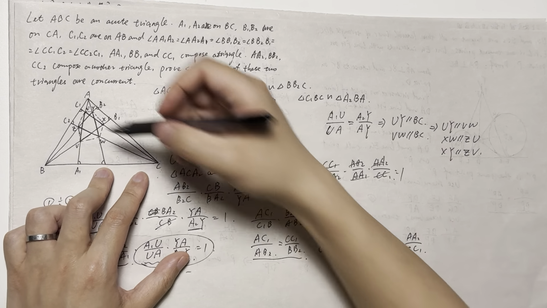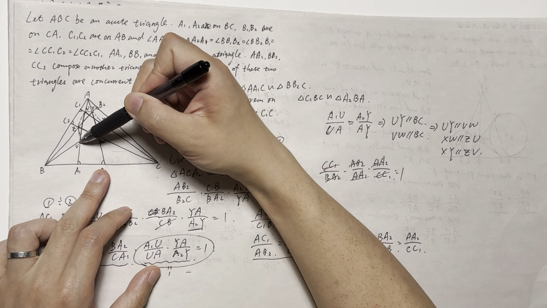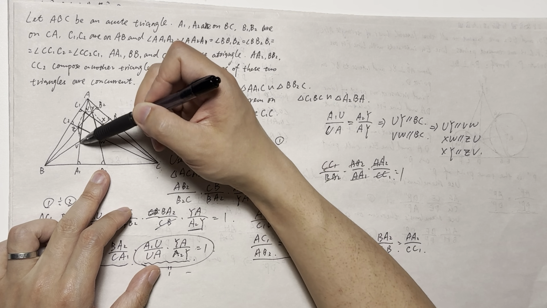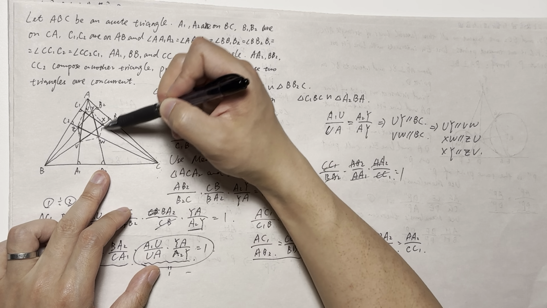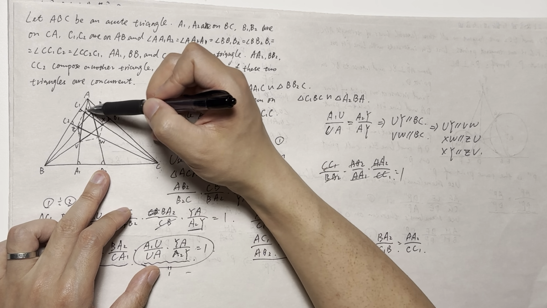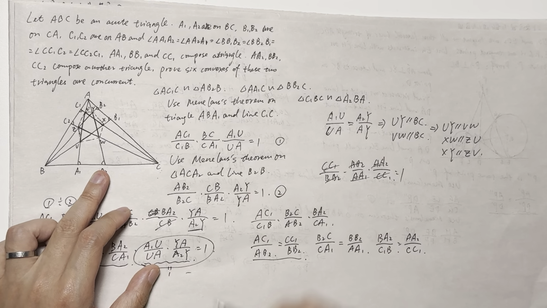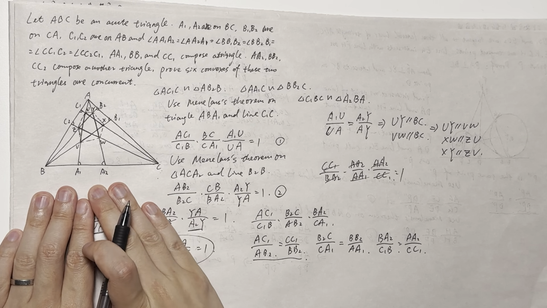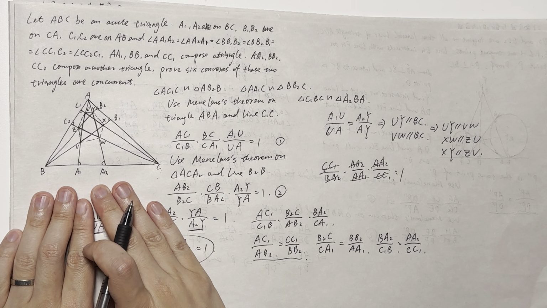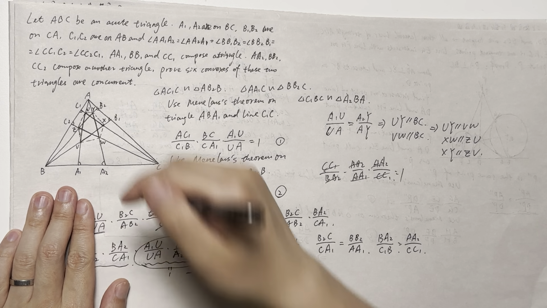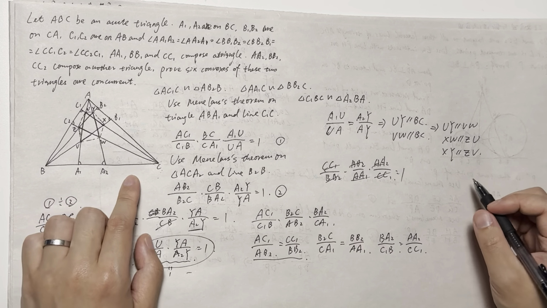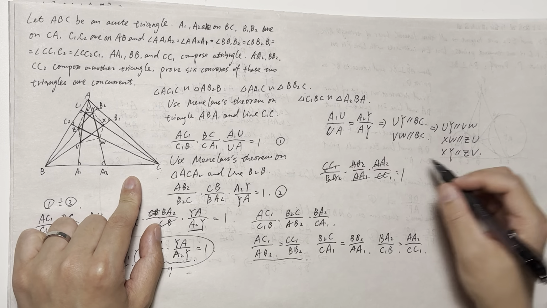So we got these two actually, this segment is parallel with this segment is parallel with this segment, this one parallel with this one. Because this is a manual draw, it's not good enough, so it's not clear that these segments are parallel with each other, but we can prove it here.